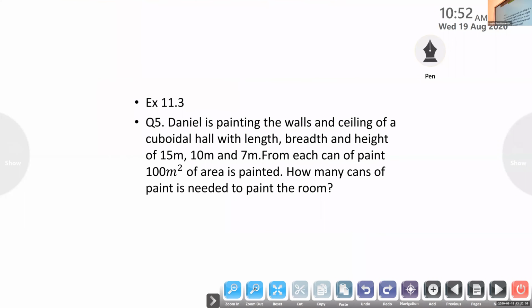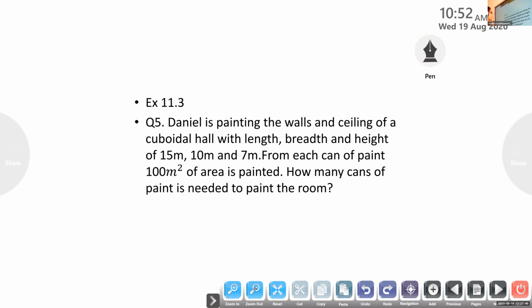So next question. Write the question. Exercise 11.3, fifth question. Daniel is painting the walls and ceiling of a cuboidal hall whose length, breadth, height are 15 meter, 10 meter and 7 meter.